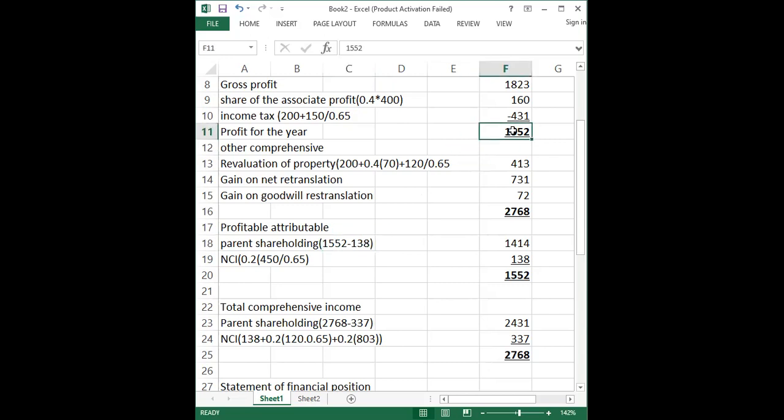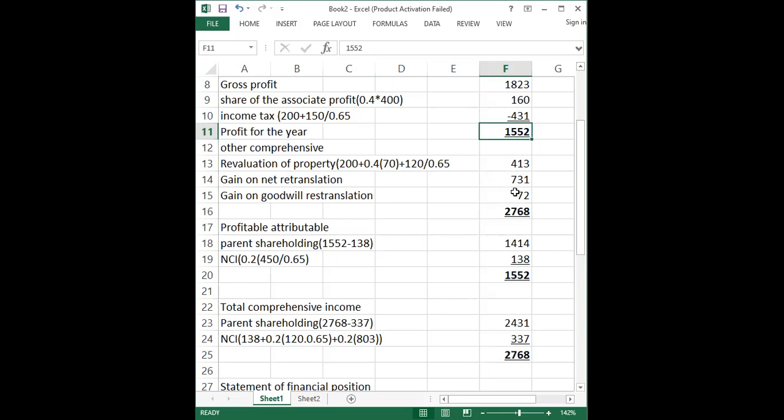Then it means that out of this profit, NCI is 138. The remaining is for the parent. So we share that one too. Then we come to the other comprehensive income too. That comprehensive income, we have the 15,000, the 1,552 up in it, because we added the two, we added this and this and this to this one and have the 1,552.